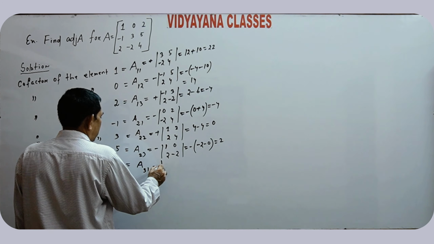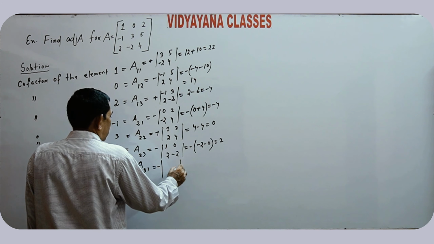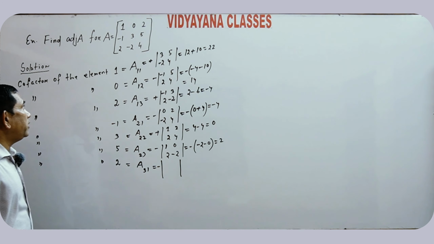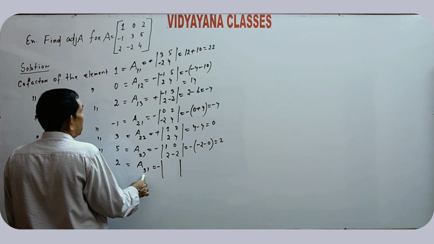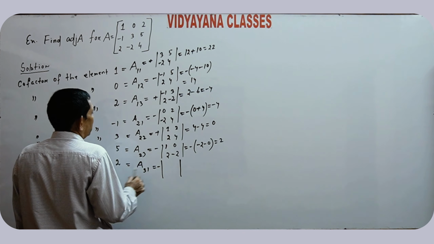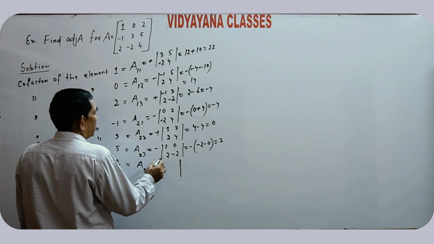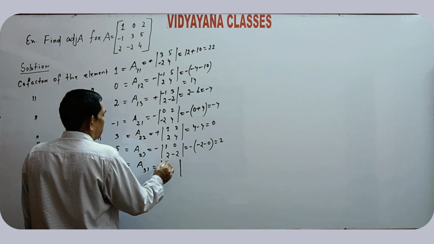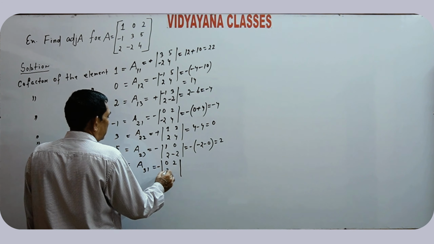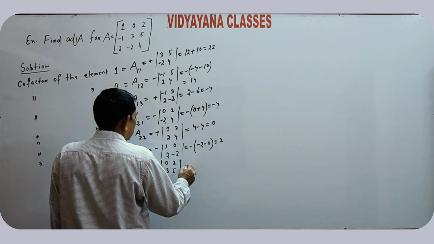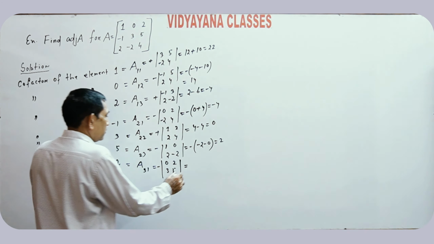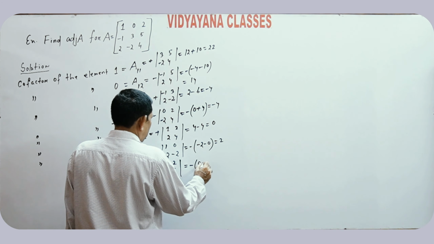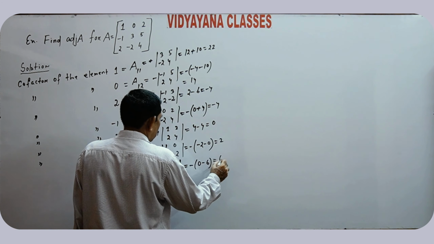Its sign is negative, into the determinant having elements 0, 2, 3, 5. Clear? Minus of 0 minus 6 is equal to 6.